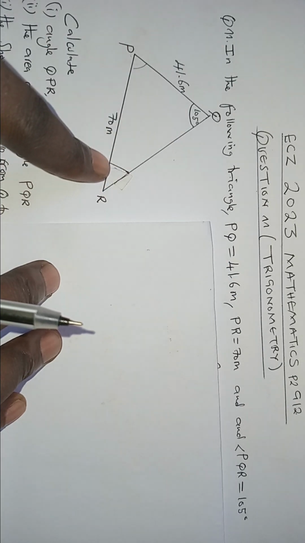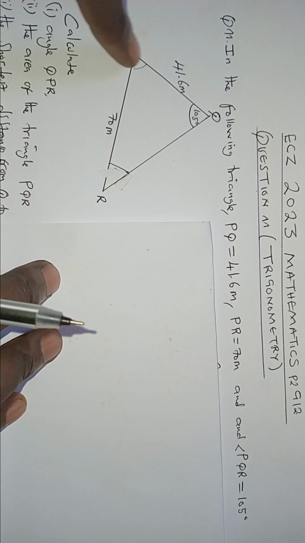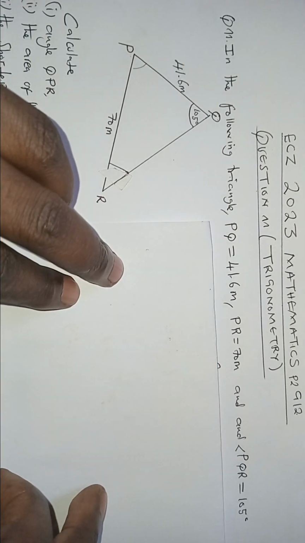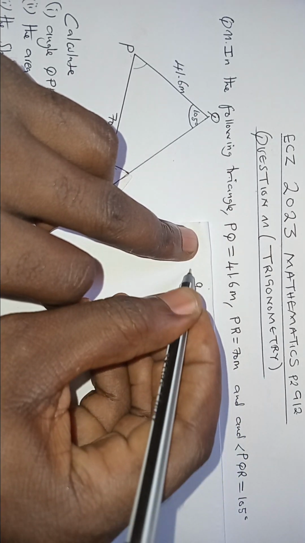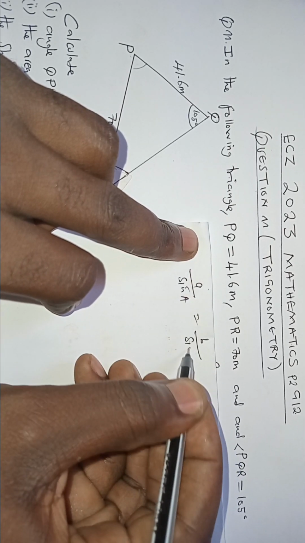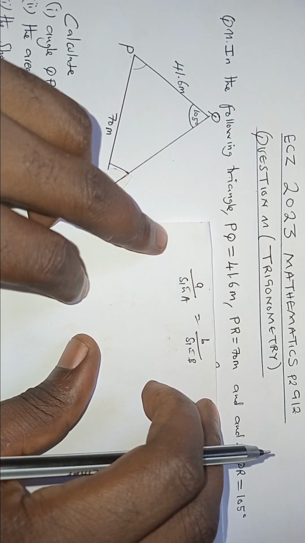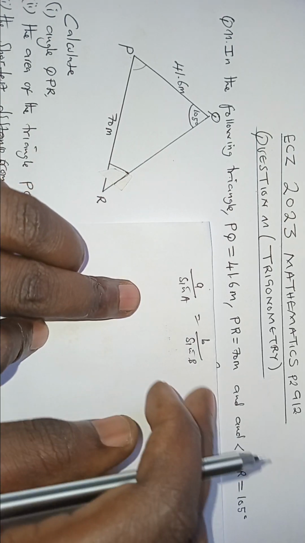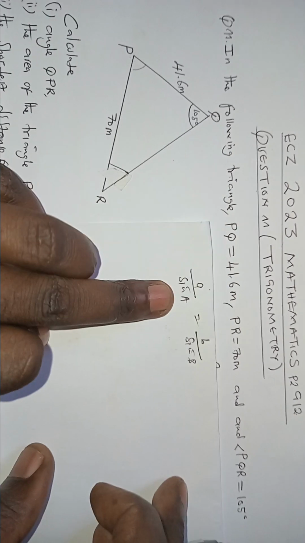So together this angle and the angle at Q is going to help us to calculate the angle that we are looking for. So we are going to use the sine rule, where we understand from the general formula is that a over sine A is equal to b over sine B. But in our case, we are not dealing with letters A, B, or C. We have P, Q, and R. So we shall reorganize this formula so that it suits the letters that we are using.